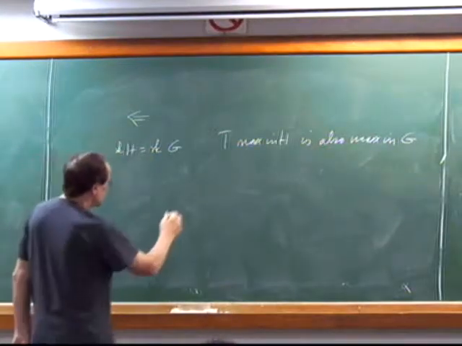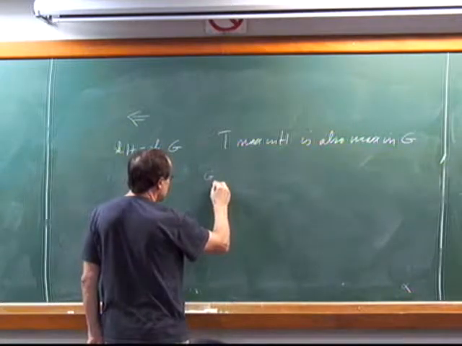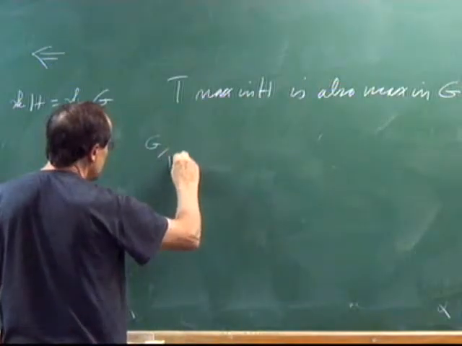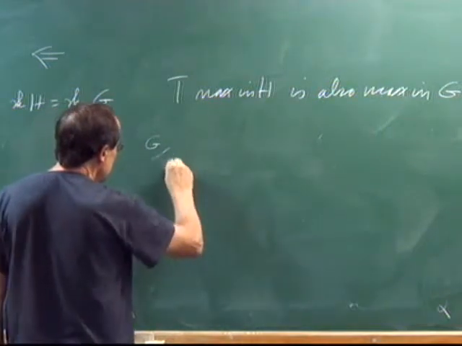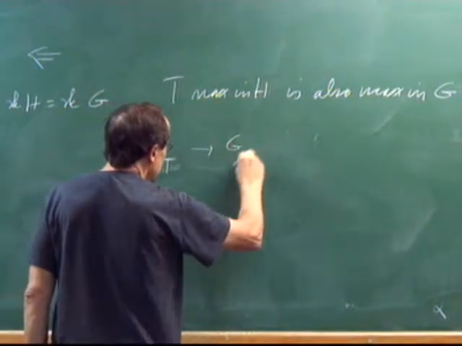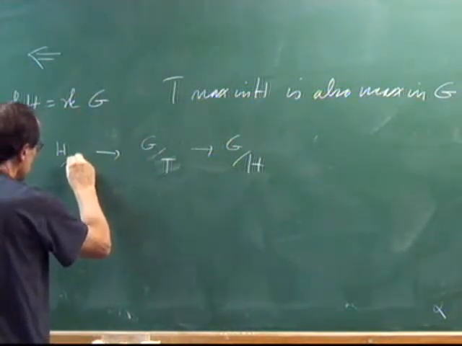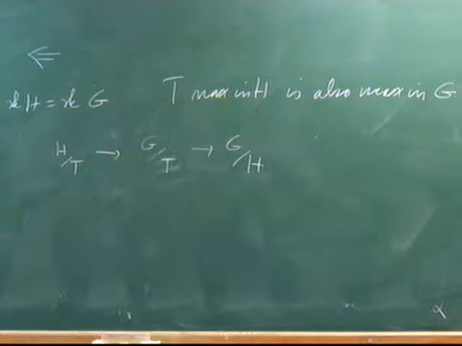Then I can look at the following fibration. G mod T goes to G mod H, and the fiber is H mod T. So I claim that's a fibration.